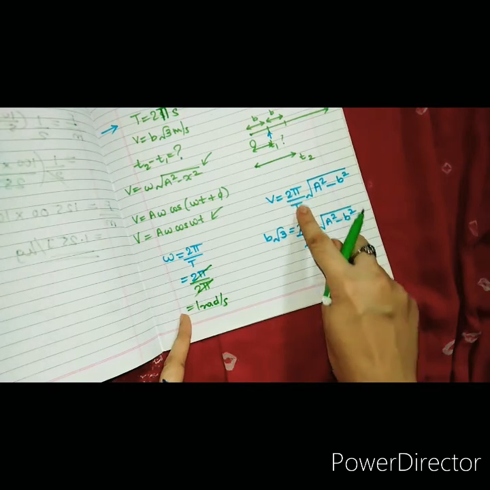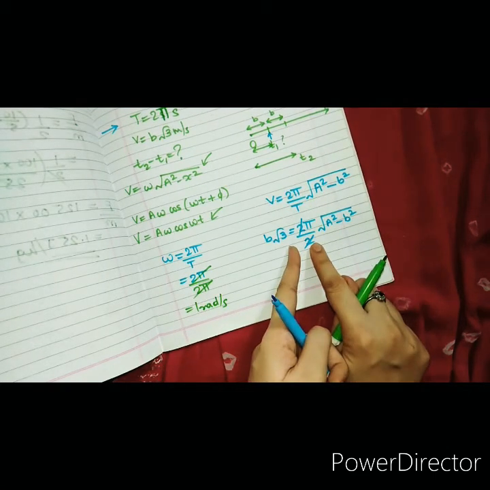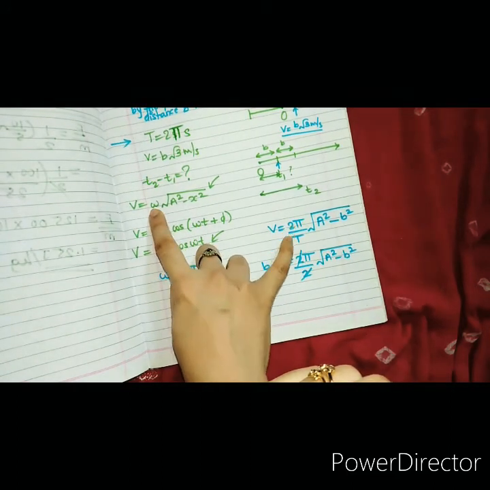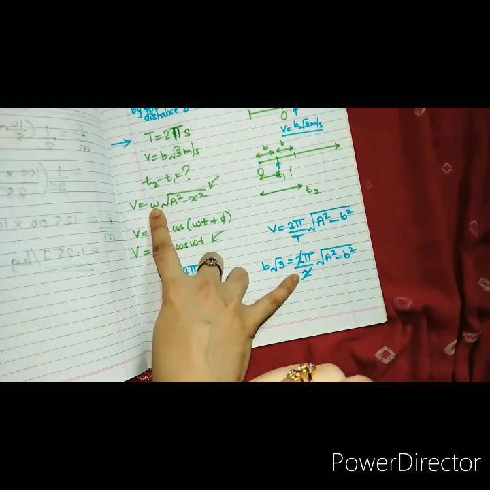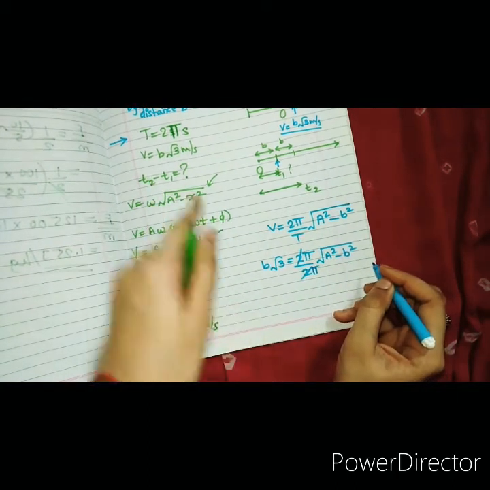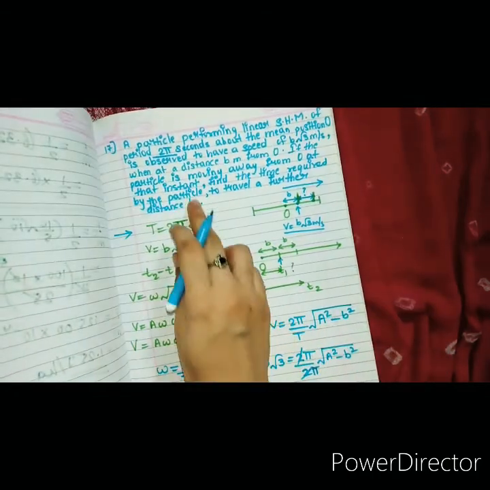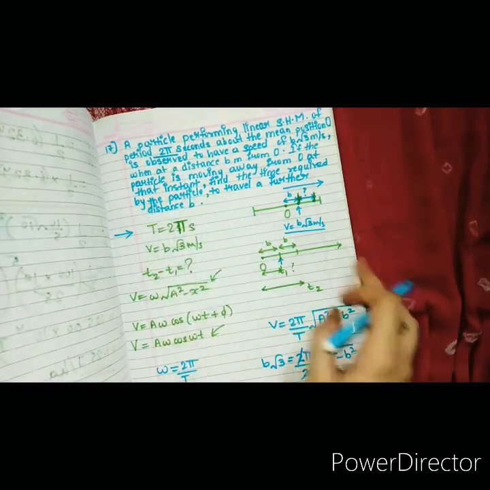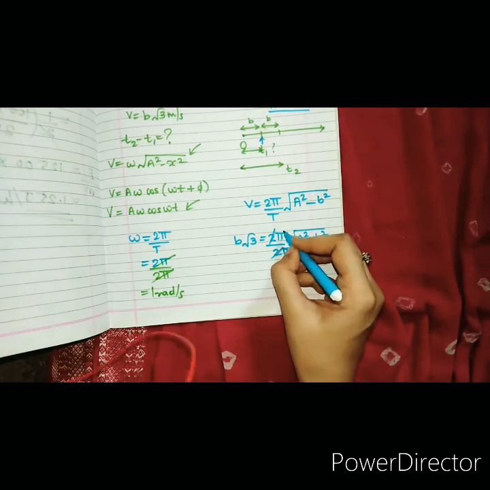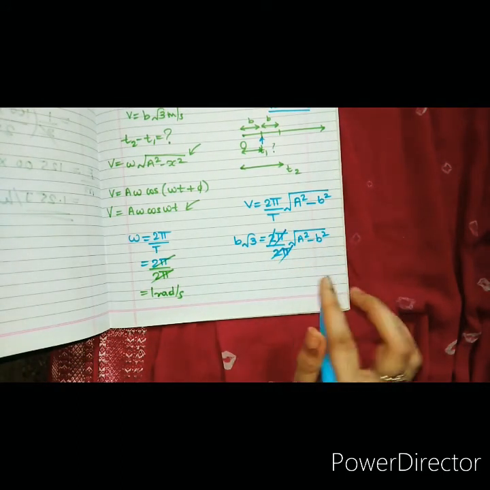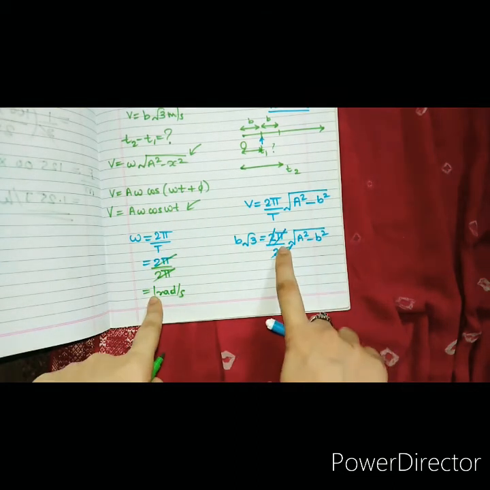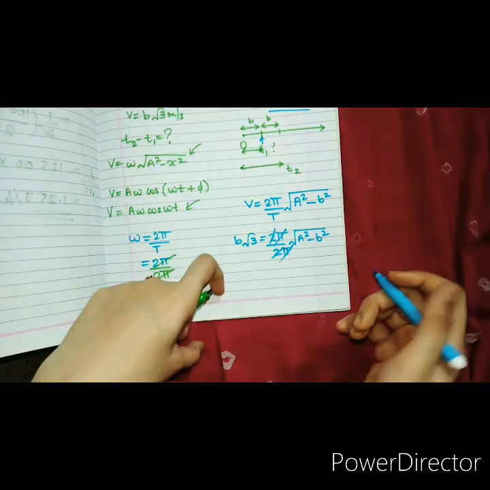So directly you can write omega as 1 over here, or you can go with this: I have taken omega as 2 pi upon T, and I am substituting T as 2 pi, which is given in our question. So this will cancel. Either you can do it over here, or you can do it separately and directly write 1.